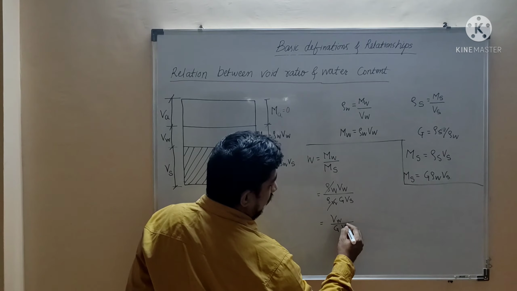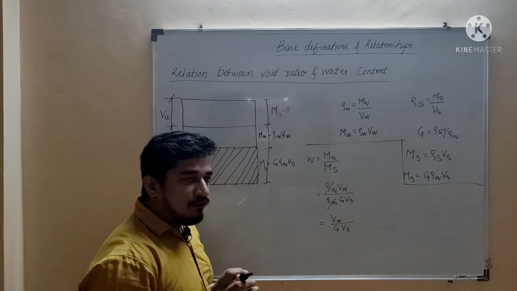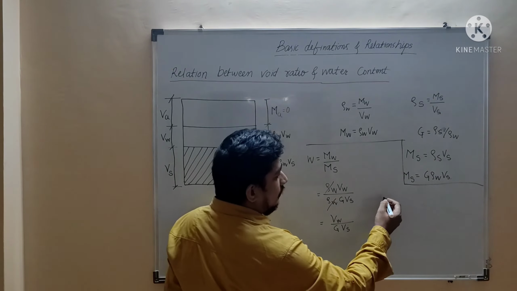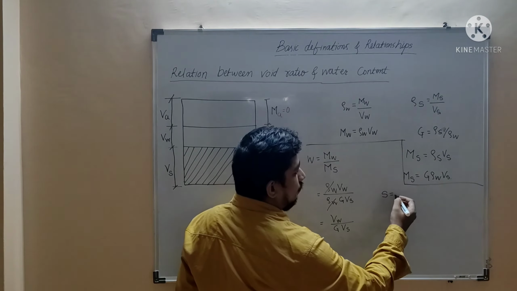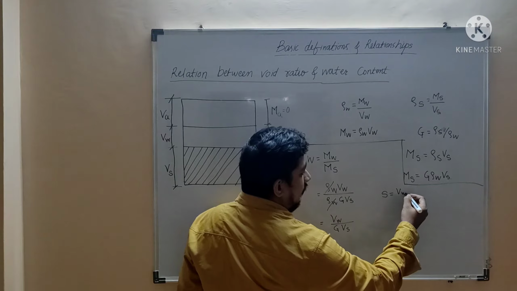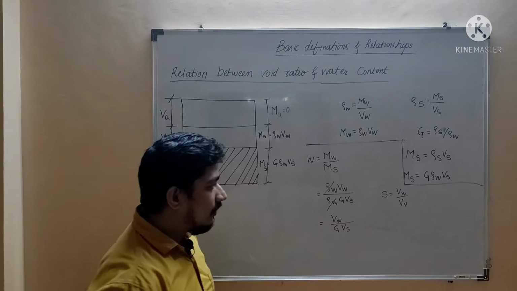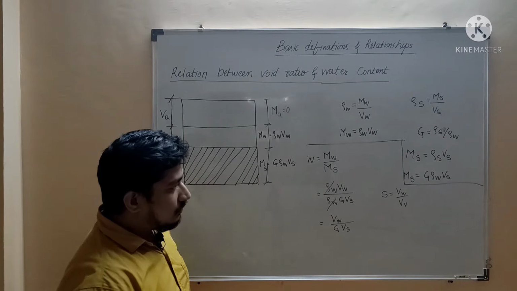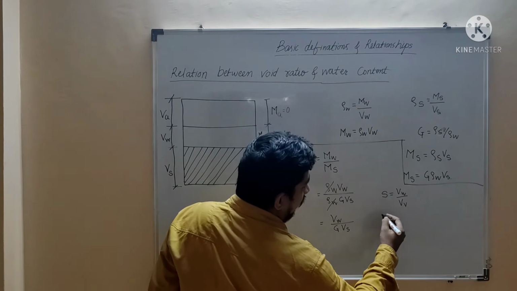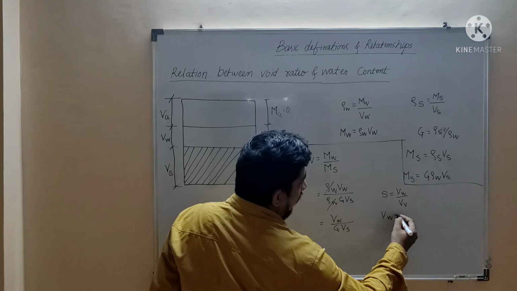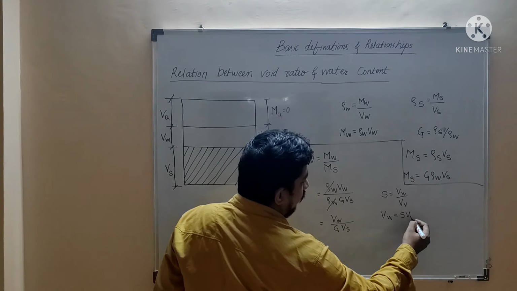over G into Vs. But as we know that degree of saturation is equal to volume of water upon volume of voids, isn't it? So volume of water will be S into volume of voids.